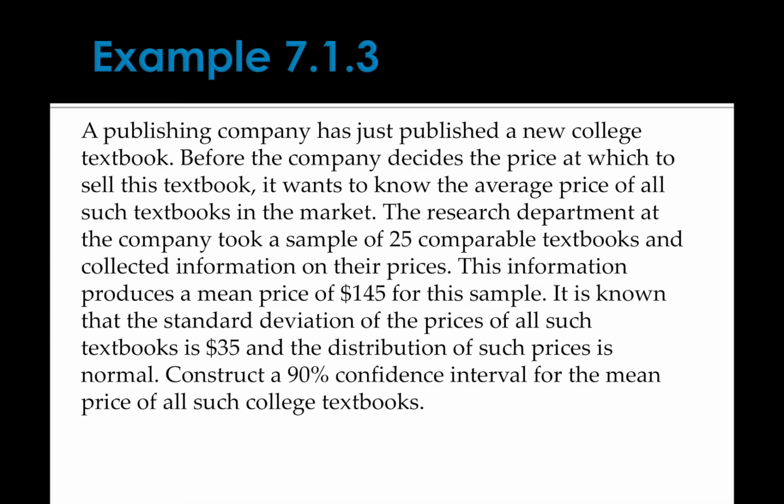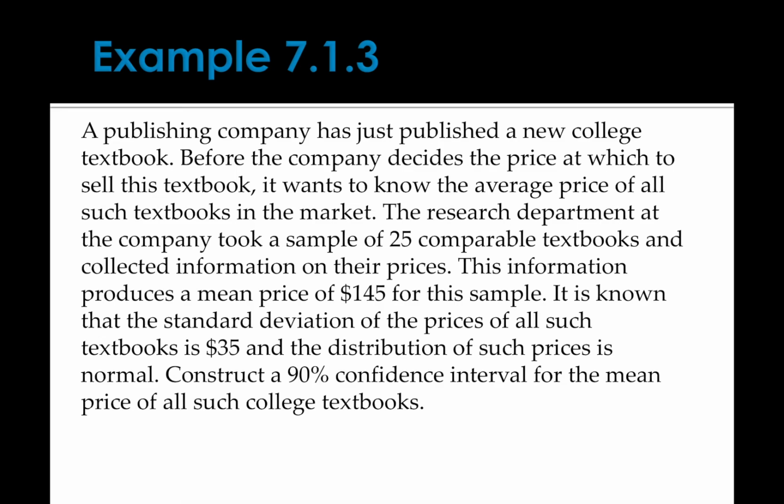Example 7.1.3 says, a publishing company has just published a new college textbook. Before the company decides the price at which to sell this textbook, it wants to know the average price of all such textbooks in the market. The research department at the company took a sample of 25 comparable textbooks and collected information on their prices.